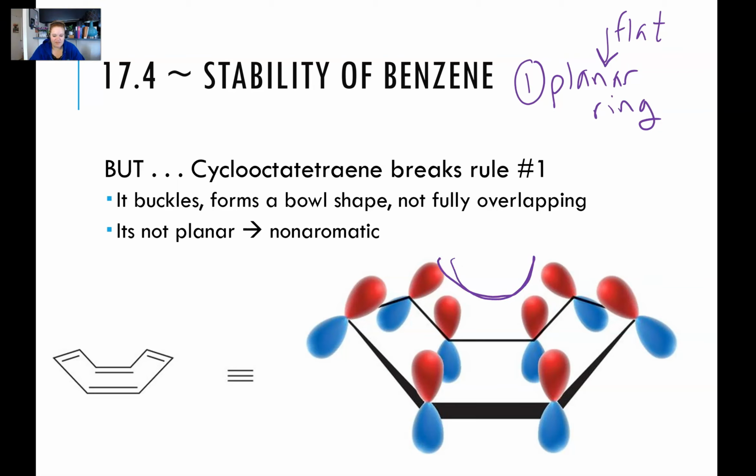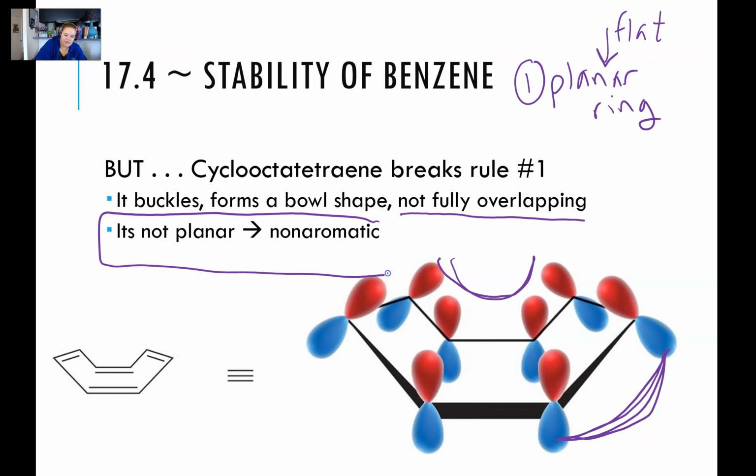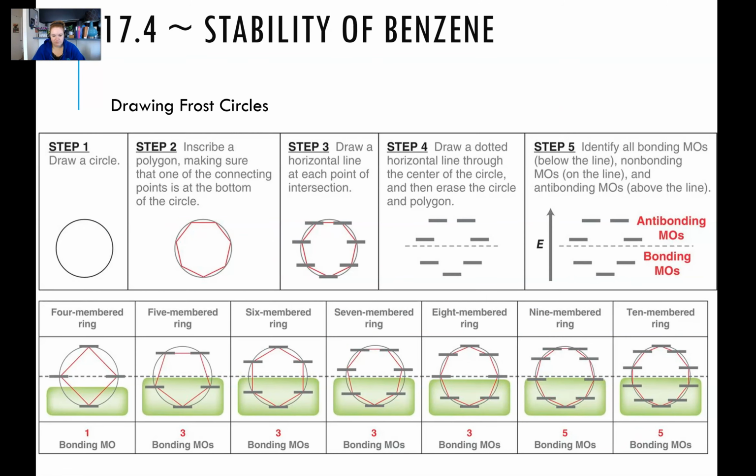But because of that, the p orbitals are not fully overlapping. These blue ones on this side are going to be too far away from each other, so we don't have a fully conjugated ring of overlapping p orbitals. That's only going to happen if it's planar. So because it's not planar, here's our third label. We're going to call this guy non-aromatic.